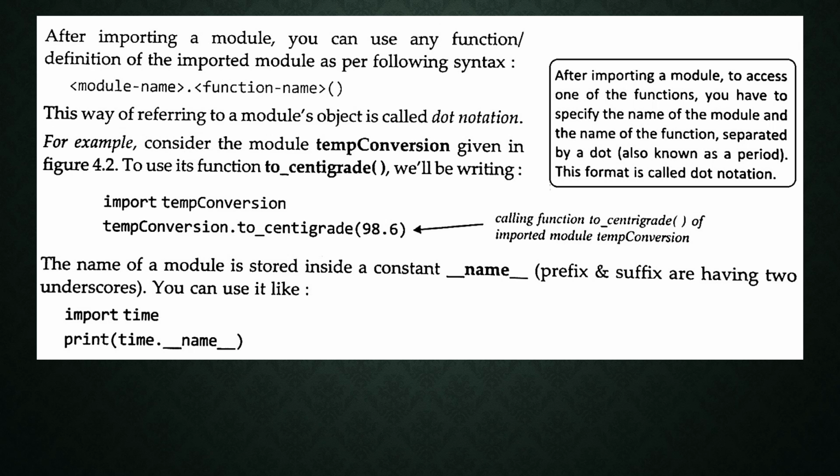Here we need: from module name, import object name, meaning function name. According to our program, from temp conversion, import to centigrade, import to Fahrenheit. Like this also we can use. These are about how to import modules in our program.